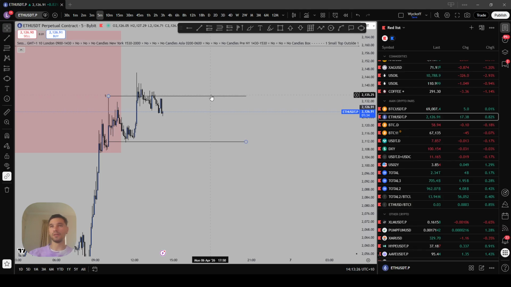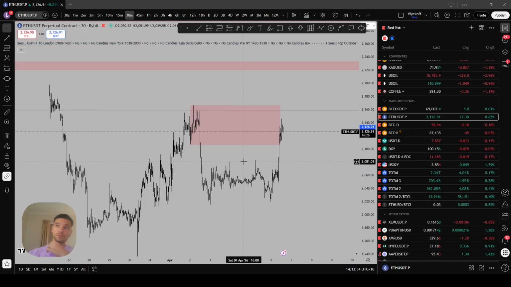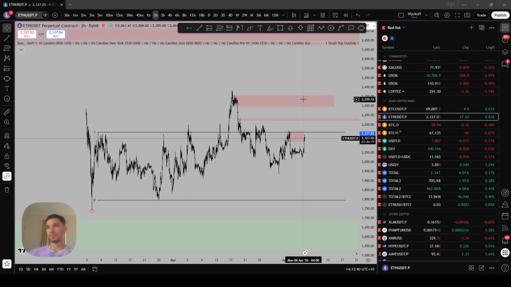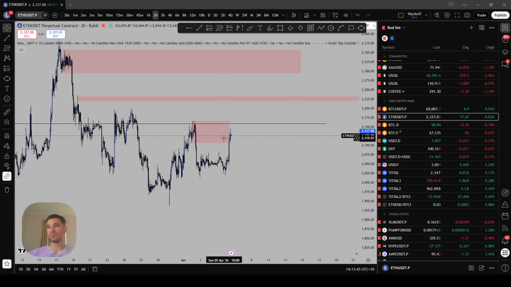Yeah, I'm not a fan of this. Not a fan of this range at all. Therefore, will not be using it. Yeah, with ETH at the moment, I kind of just need better price action.